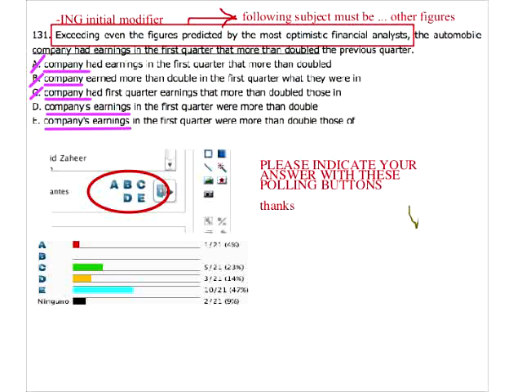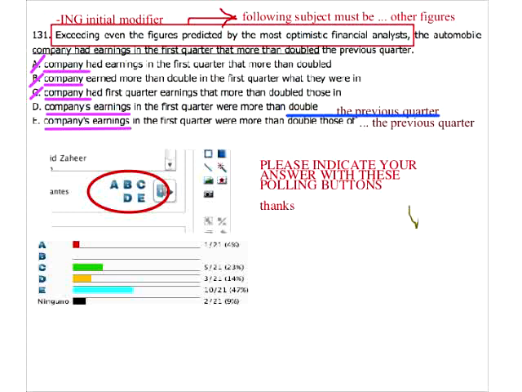If you have choice D, it says more than double the previous quarter, versus more than double those of the previous quarter. What we want is to make sure that your comparison makes sense. So the problem with D is that D says double the previous quarter itself, which is not okay, because you can't take a quarter and multiply it by 2, a quarter being a period of time.